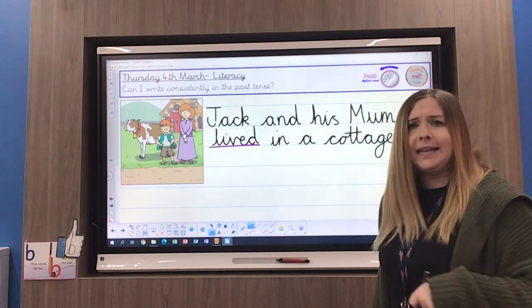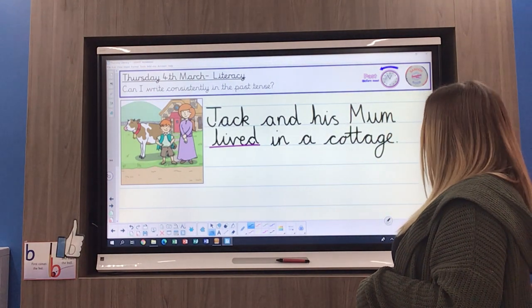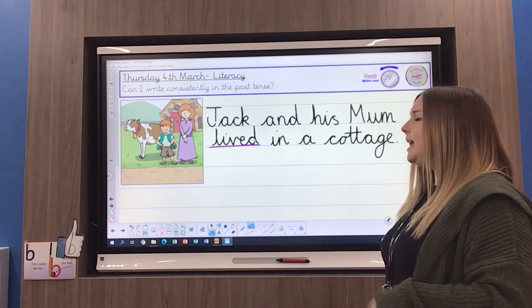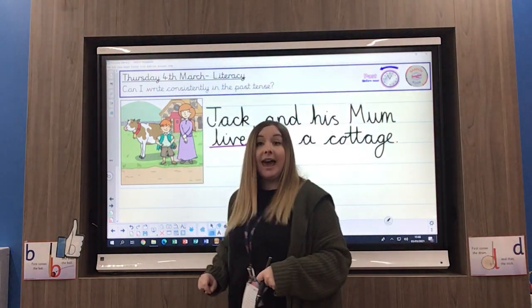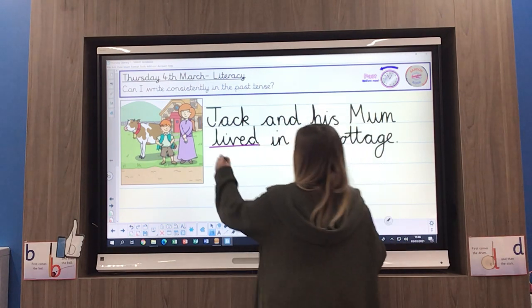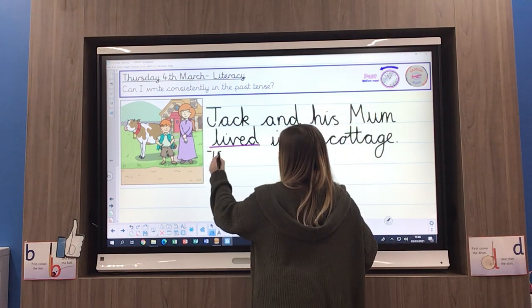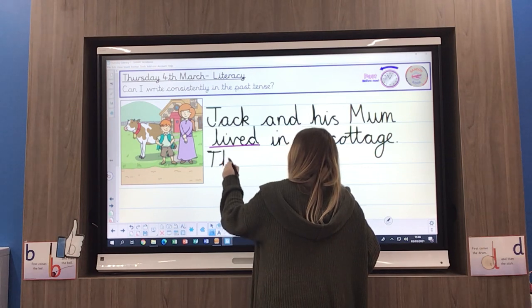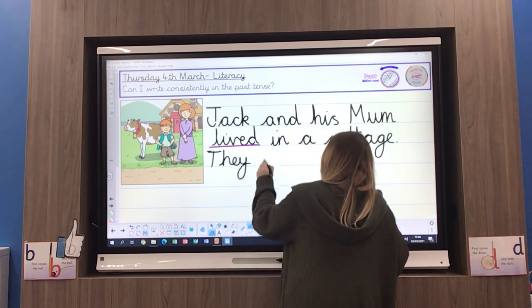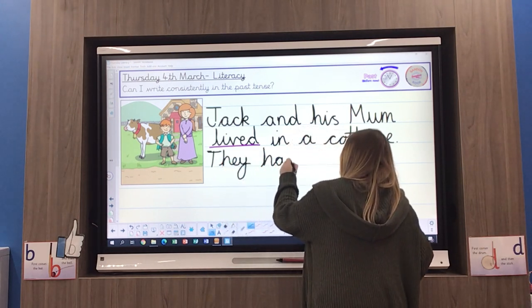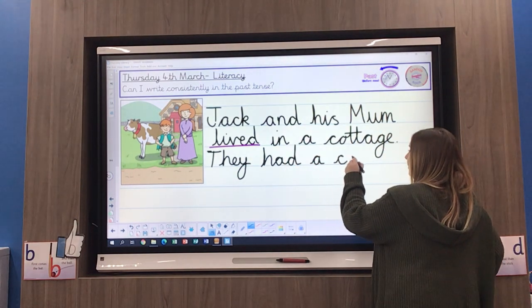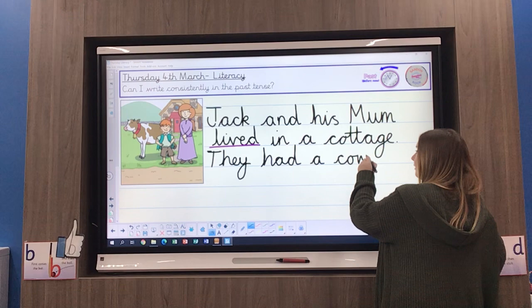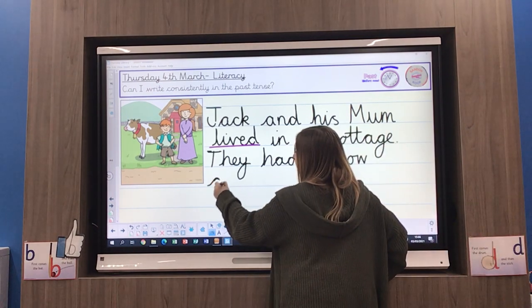What else could I write about for that picture? Jack and his mum lived in a cottage. They had a cow called Daisy.